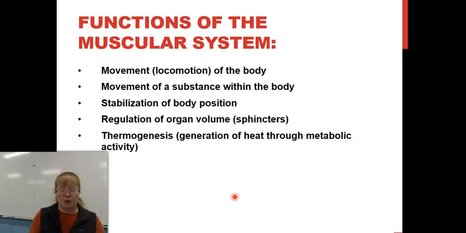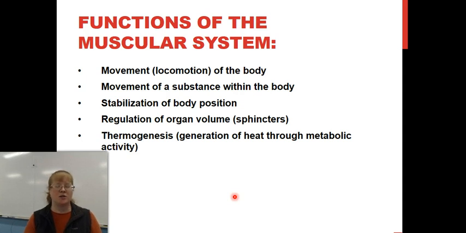Functions of the muscular system include, of course, locomotion, your movement. The whole fact that I can move my whole body is because of my skeletal muscle cells contracting. I can also move substances within my body because of smooth muscle tissue within my alimentary canal, my digestive system, contracting, for instance food emptying from my stomach into my intestines. There are smooth muscle layers all along my digestive system that help propel materials through those body tubes.